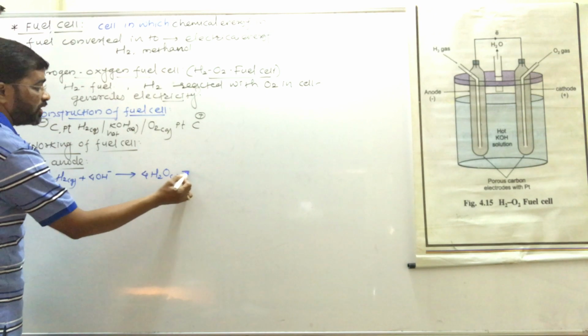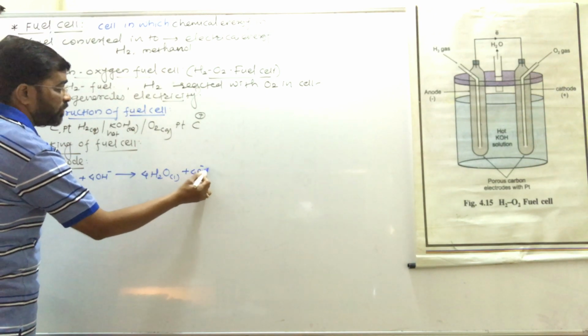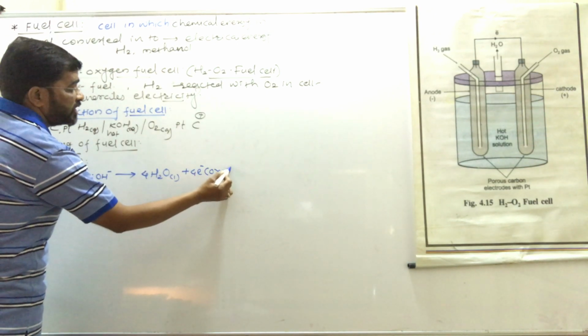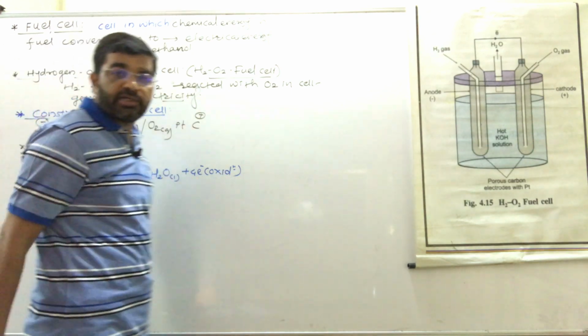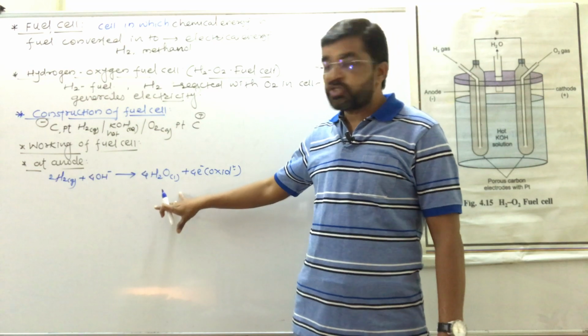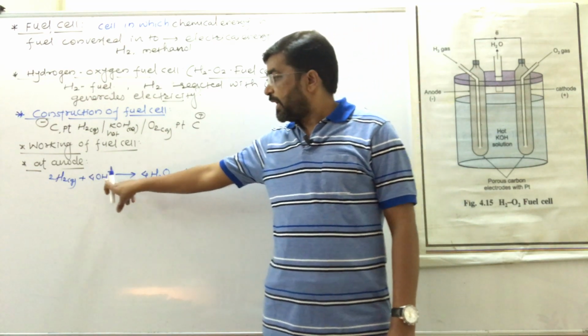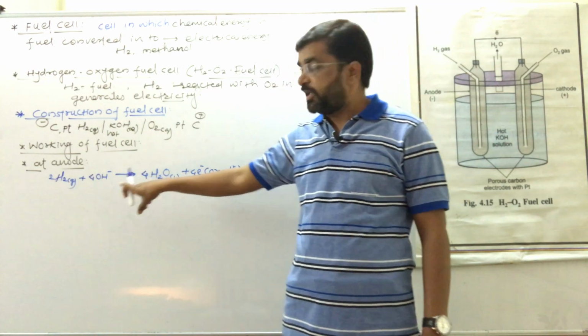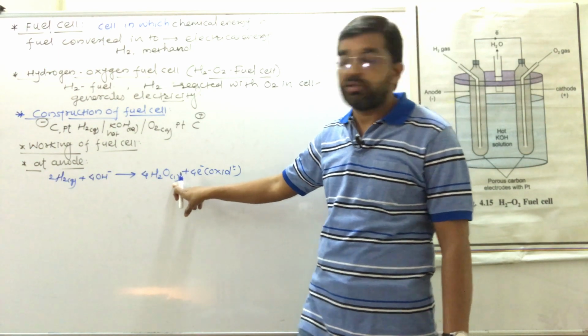There is formation of water with the loss of 4 electrons. This is the oxidation reaction. Oxidation takes place at the anode: hydrogen gas is passed at the anode, and the hydroxyl ions and hydrogen gas react to produce water.